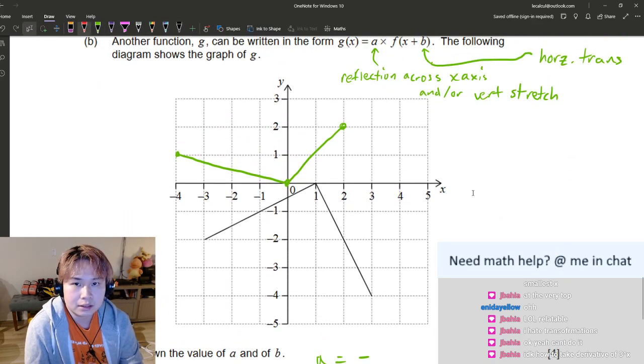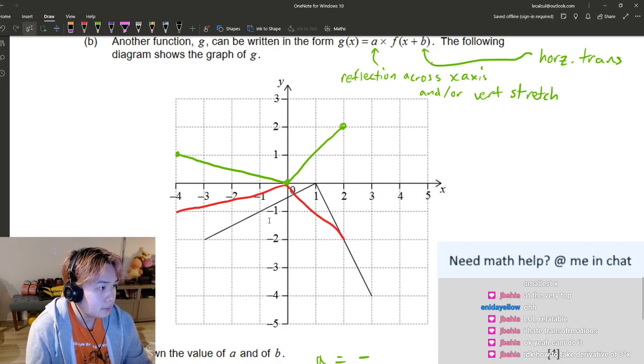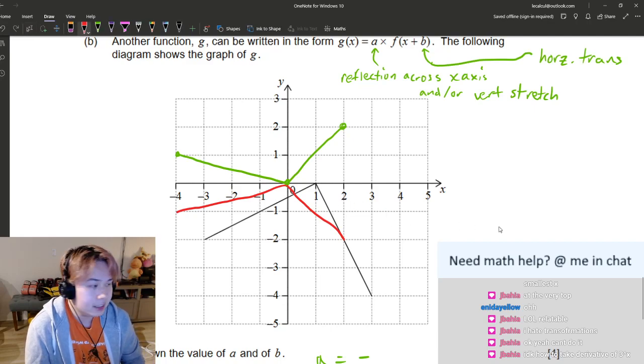So let's first flip this. Okay, and then you can see that there is a vertical stretch as well, because the total vertical height of this is 2 squares compared to g, which is a total vertical height of 4.